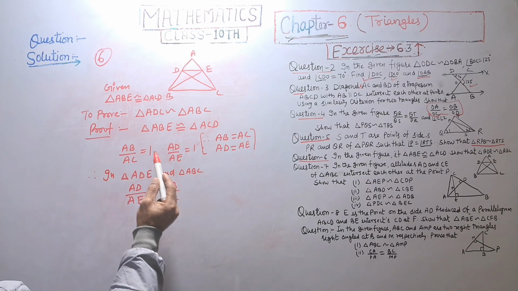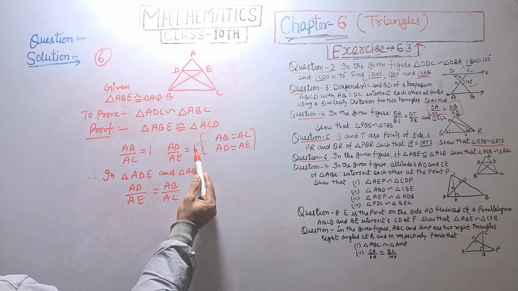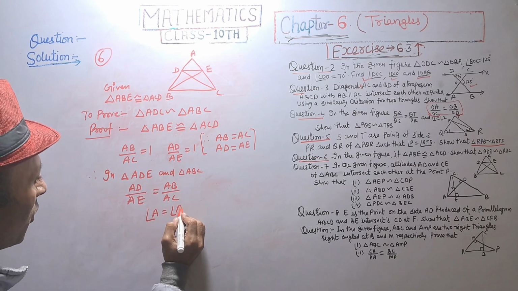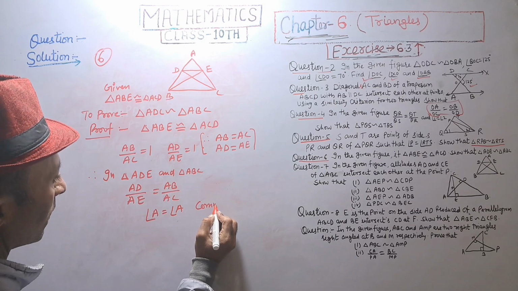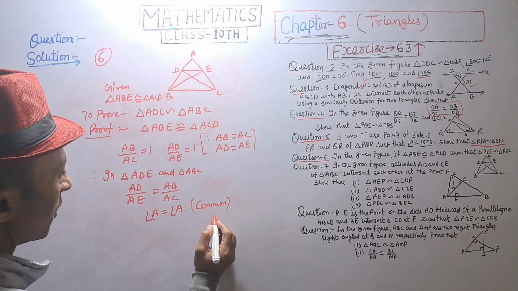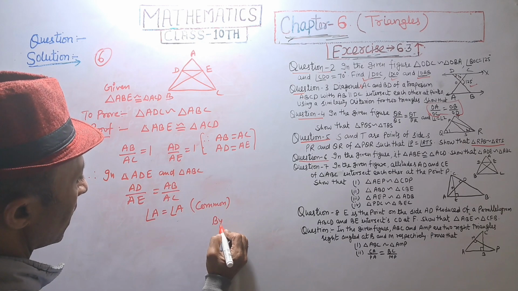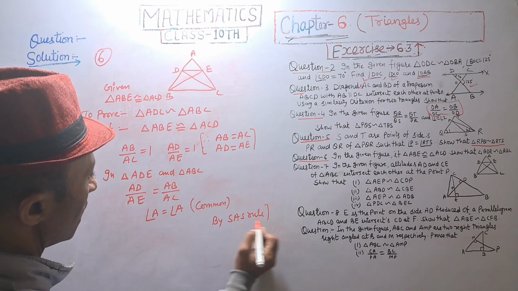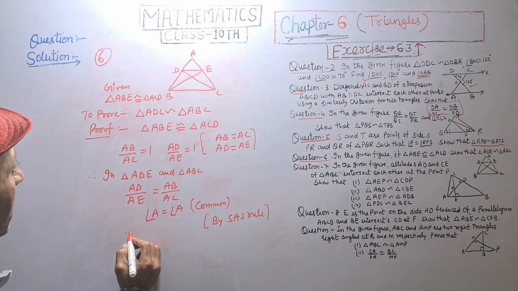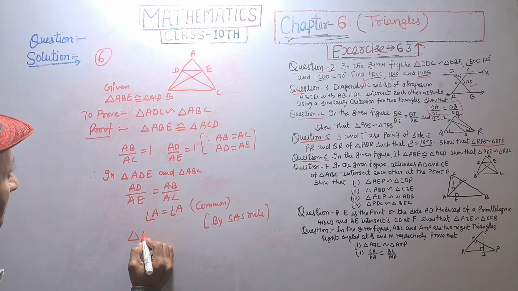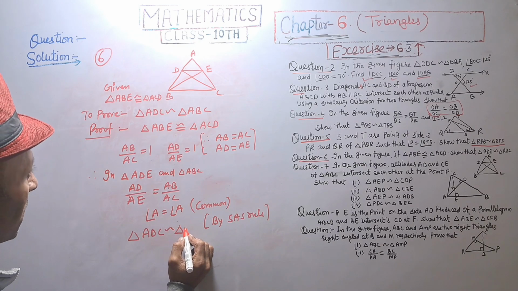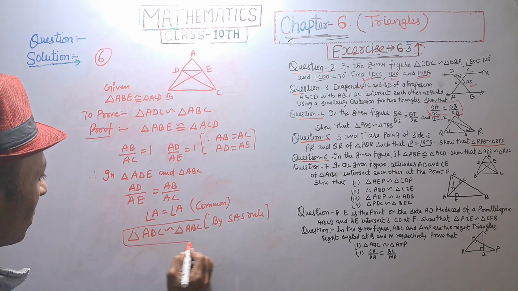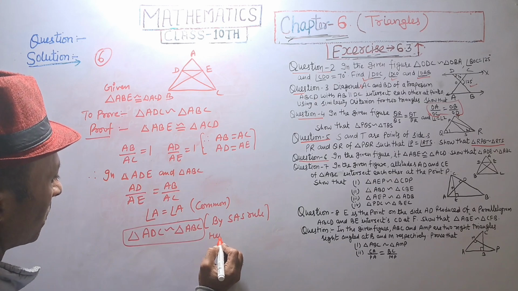AB upon AC is 1 and AD upon AE is equal to 1. And angle A is equal to angle A, common. By SAS rule, we get triangle ADE is similar to triangle ABC, hence proved.